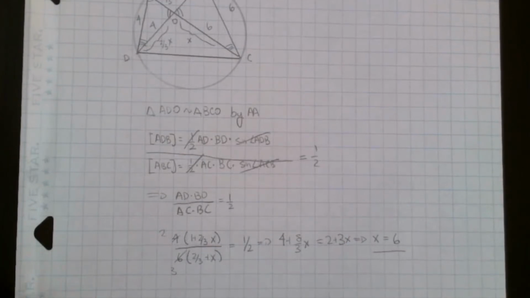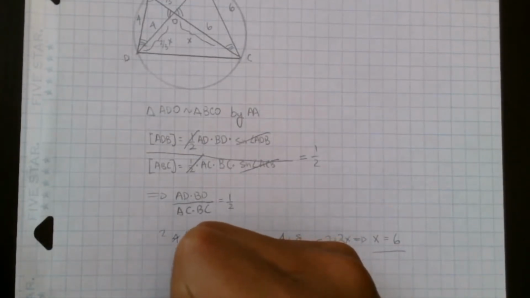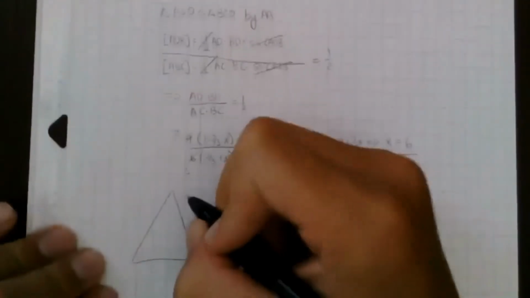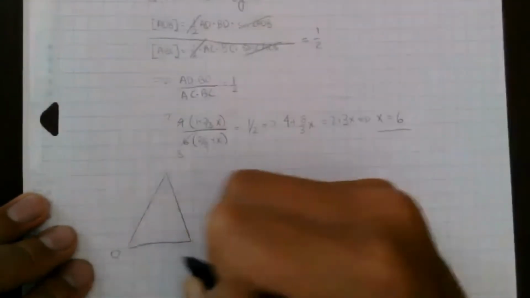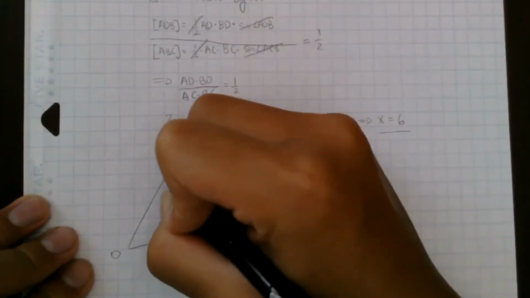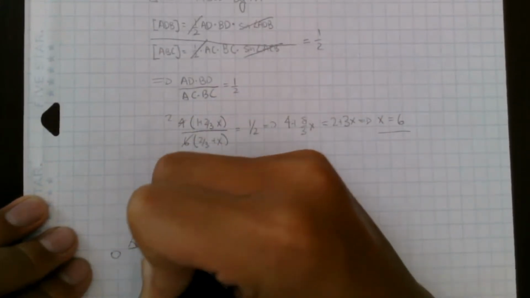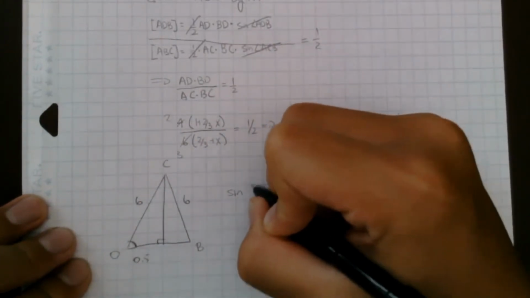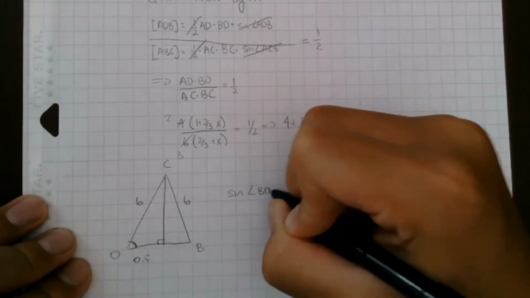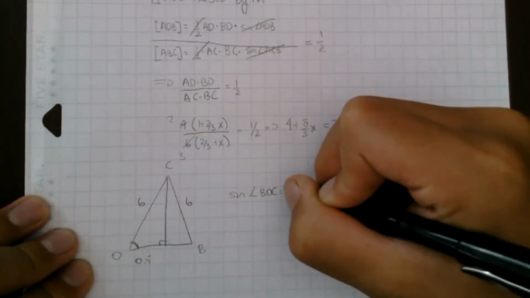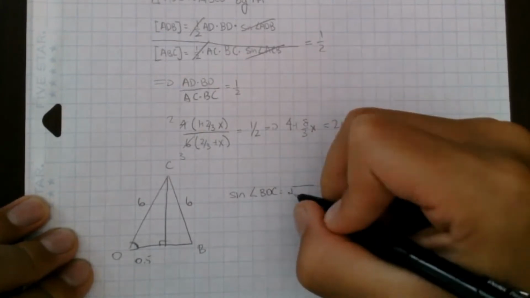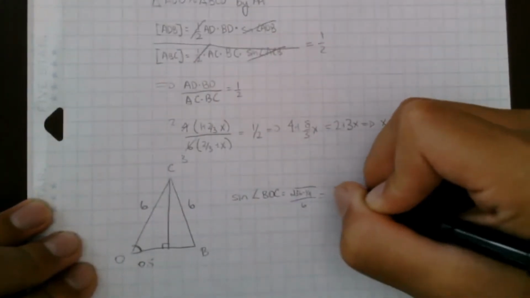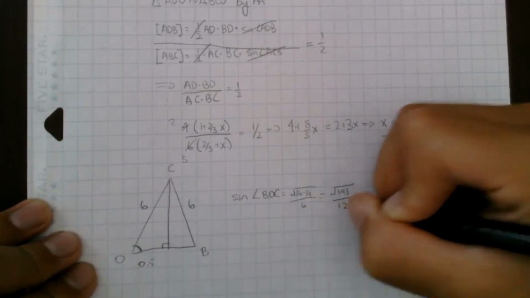And this makes finding sine of angle BOC really easy, as then if this is OBC, then this is 6, and we want to find the sine of that. This is 6 and this is 0.5. Then obviously sine of angle BOC is equal to square root of 36 minus 1/4 over 6, which is equal to square root of 143 over 12.